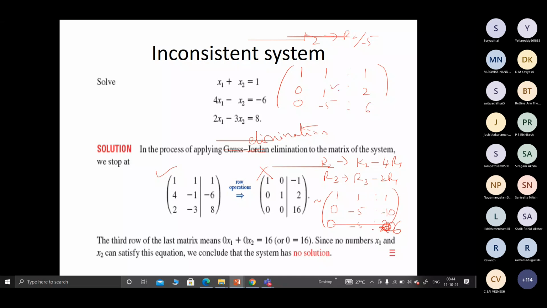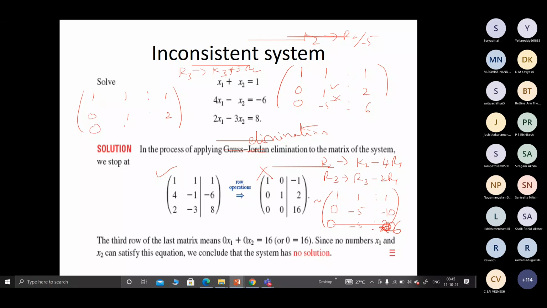Now with the help of this, you make this 0. How do you do that? R3 is R3 plus 5R2. That's it. So with that, so what will be that? 1 1 1, then 0 1 2 as it is, no problem.